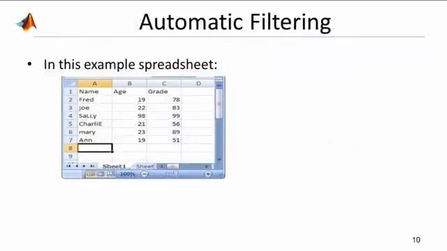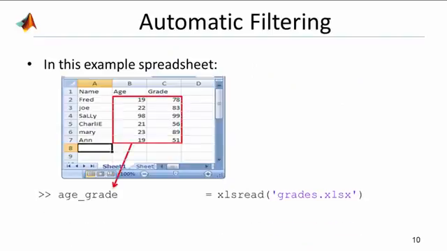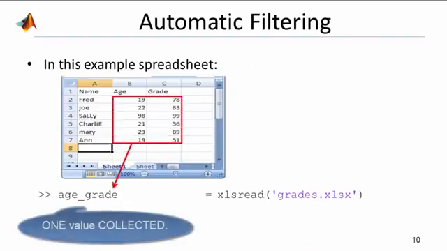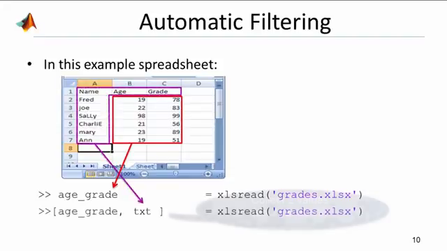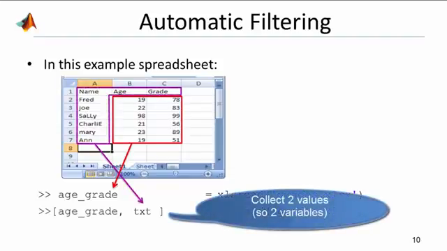For example, in this spreadsheet, the way we currently called it, we collected only one value back, so I only have one variable. So MATLAB again loves numbers. That's the first thing it will return. If I also wanted the strings, then I would have to move up one level.